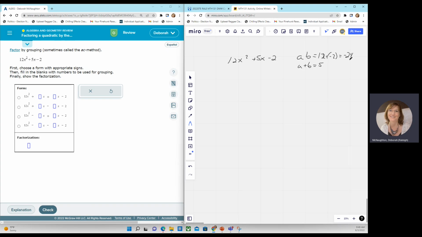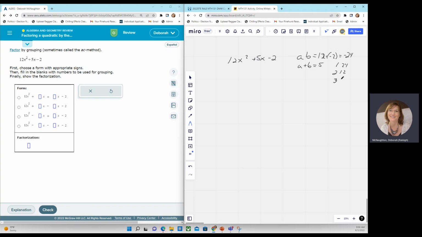The way you want to do this is just start playing with factors of 24. Since I'm going to have one positive and one negative number, they're going to subtract to 5. If I do 1 and 24, those subtract to 23. If I do 2 and 12, those multiply to 24 and subtract to 10.